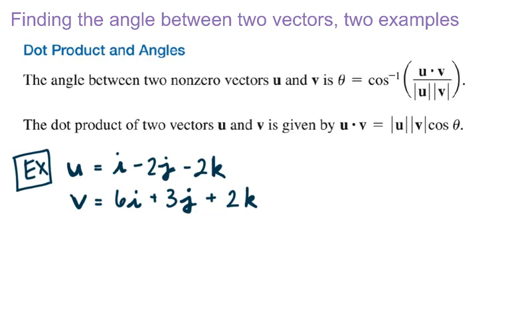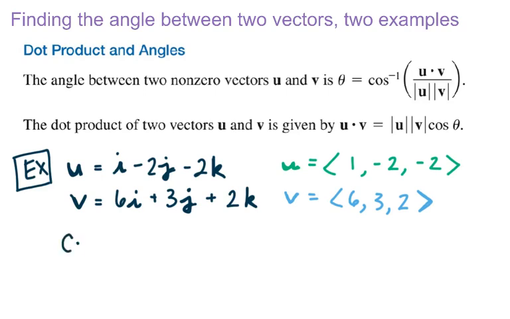Now keep in mind that's the same as writing 1, -2, -2 for my u vector, and 6, 3, 2 for my v vector. What we want to do is to calculate the angle between the two vectors.